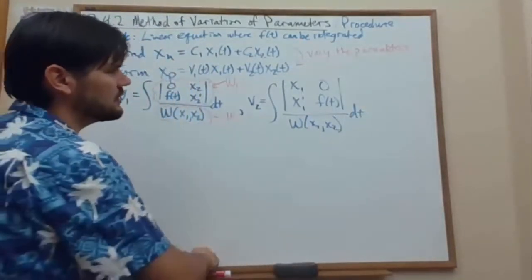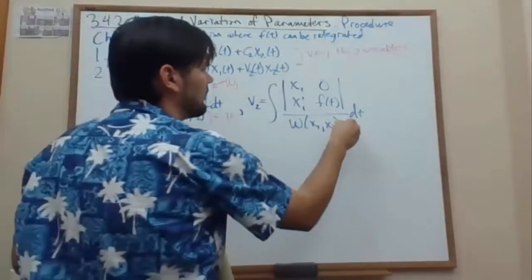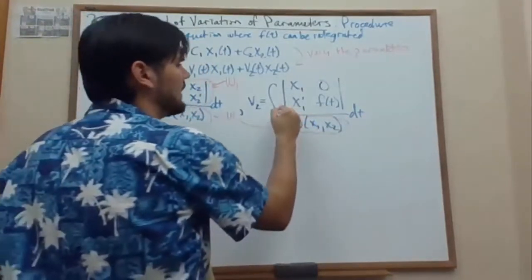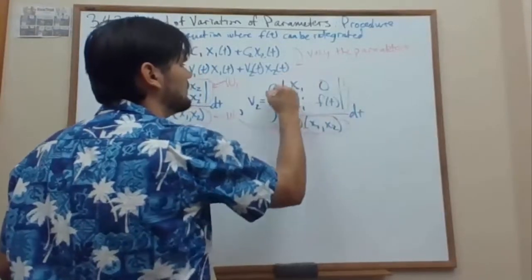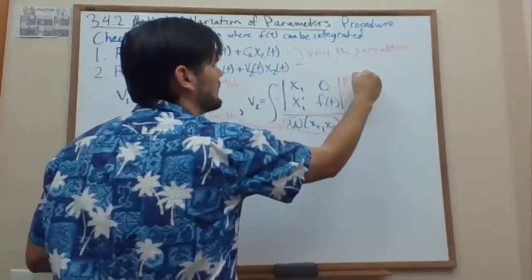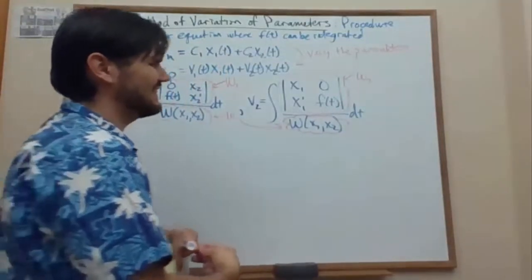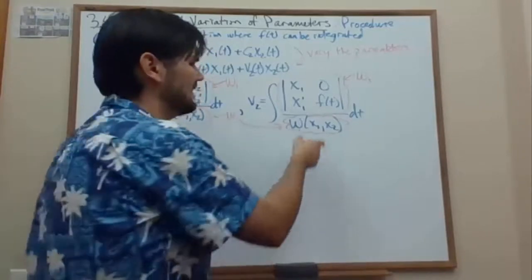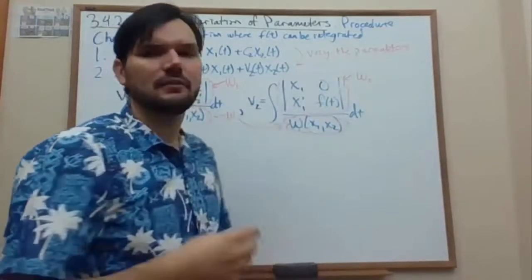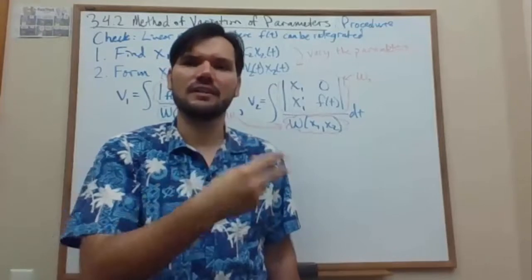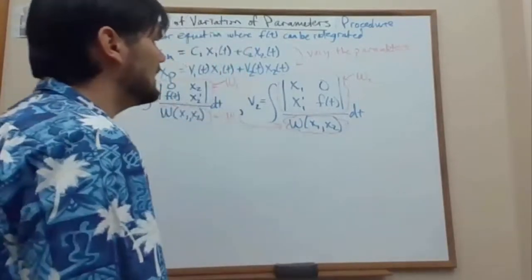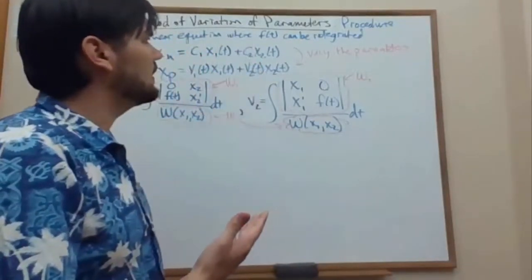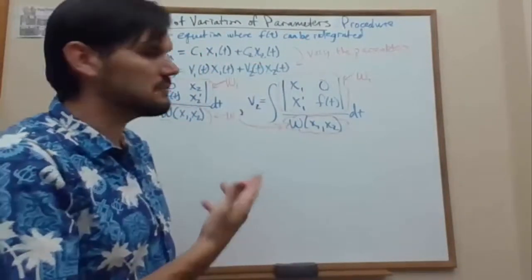And we can refer to these two pieces as W on the bottom, and on the top this time it's W2, or the determinant of the matrix modified by pasting the resultant piece 0, f of t onto the second column. Okay, so that's the mechanics of what we're doing with the variation of parameters method.